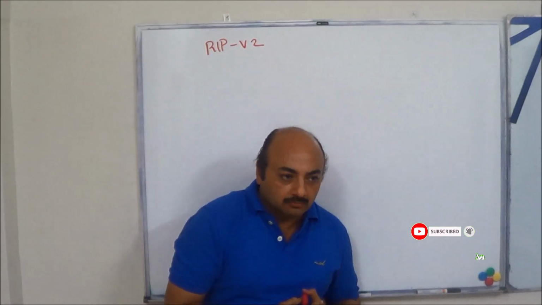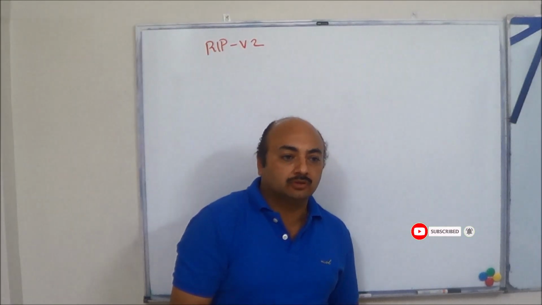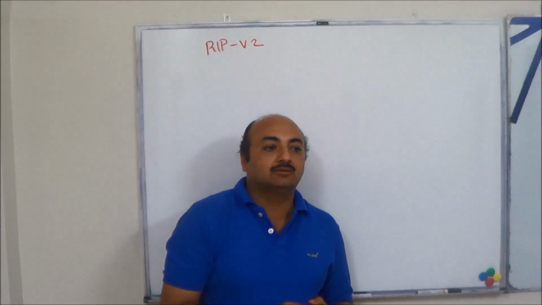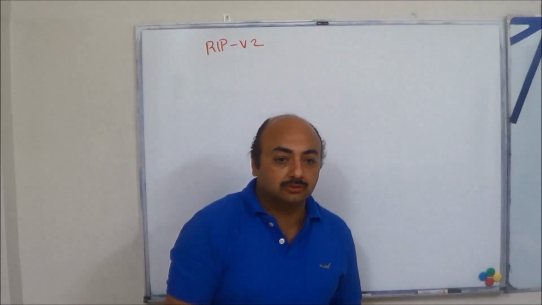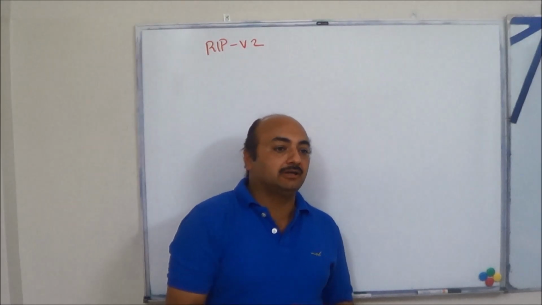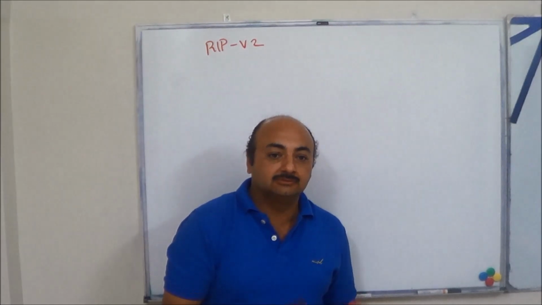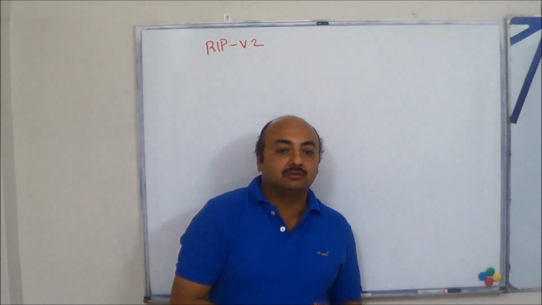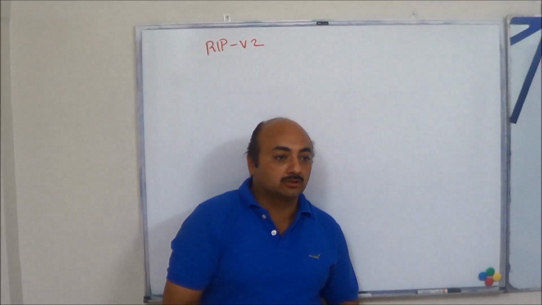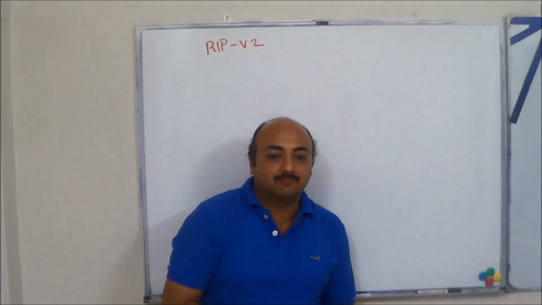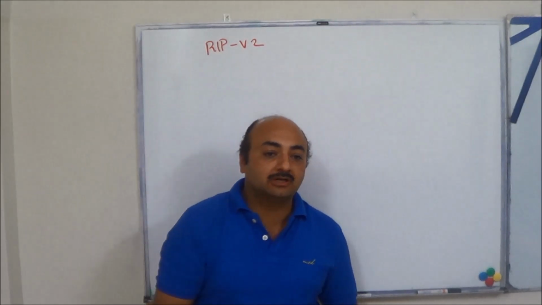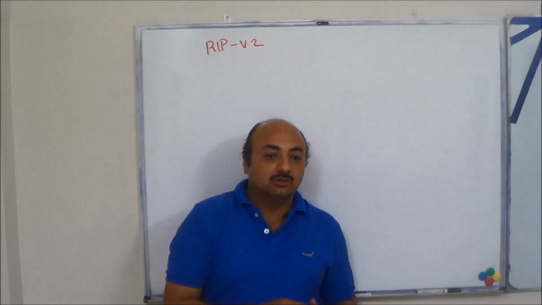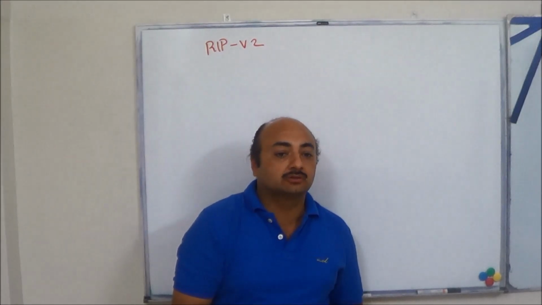Why? The only reason it was a classful routing protocol is that it was dependent on the receiver to investigate, determine, and then conclude whether it is able to accept a subnet or not. As such, RIP version 1 would send the IP address. That IP address can be a major network, a subnet, or a host address.